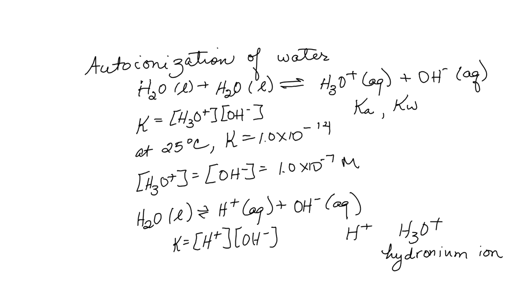When my water dissociates, the K value, my equilibrium value for the dissociation of water, is equal to the concentration of my hydronium ion times the concentration of my hydroxide ion. At 25 degrees Celsius, the value of K is equal to 1 times 10 to the minus 14, which means that the concentration of my hydronium ion is equal to the concentration of my hydroxide ion, and that's equal to 1 times 10 to the minus 7.